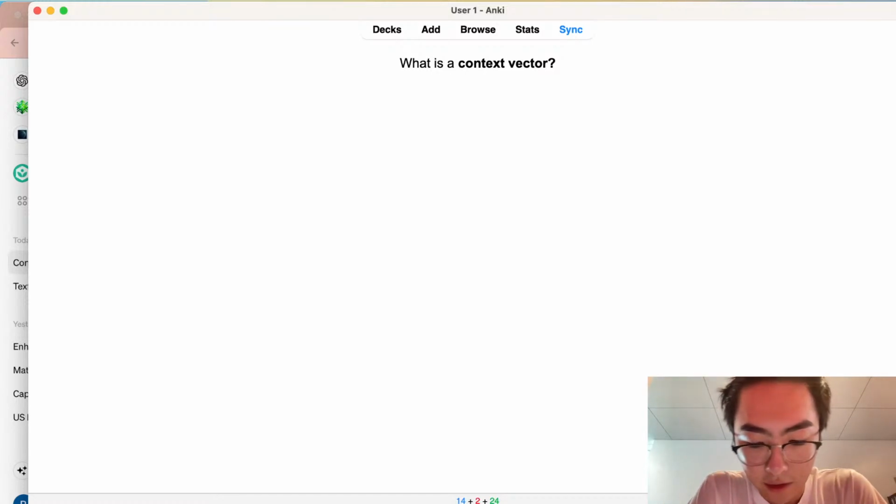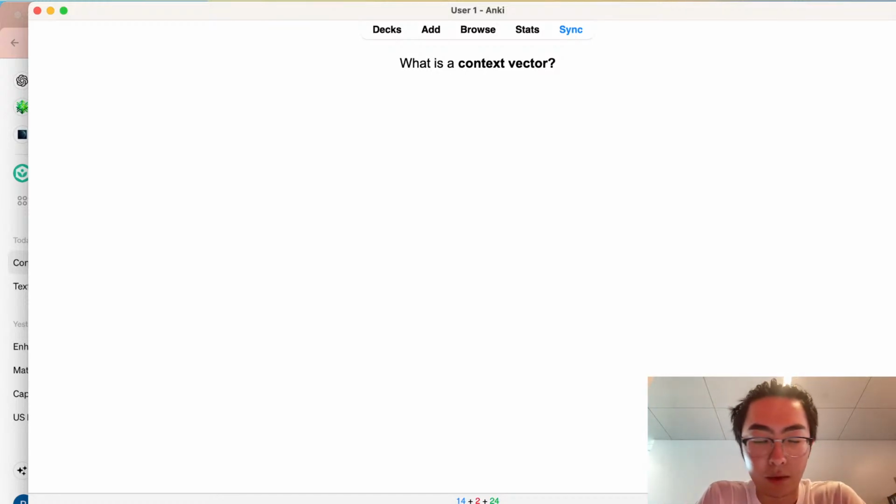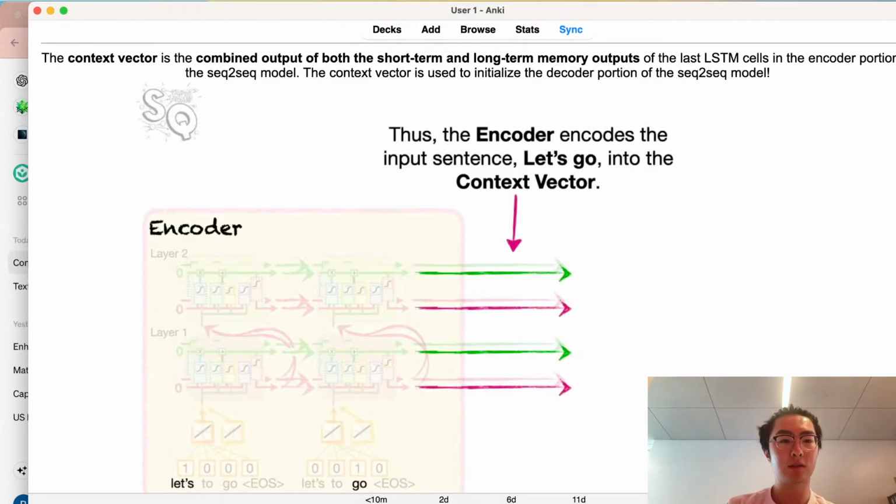The context vector is the output of the encoder portion of a sequence model that uses LSTMs, and this is used to initialize the decoder portion of the sequence model.